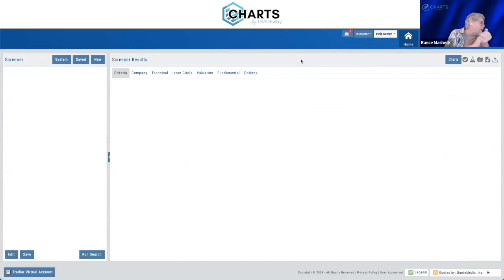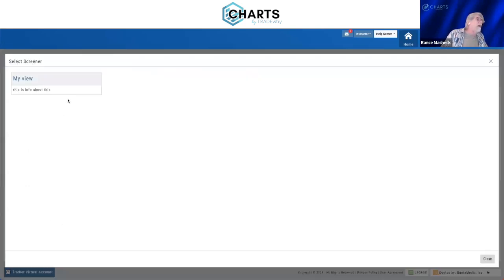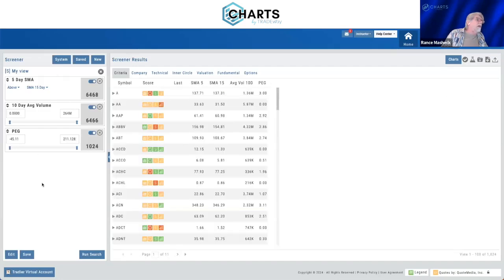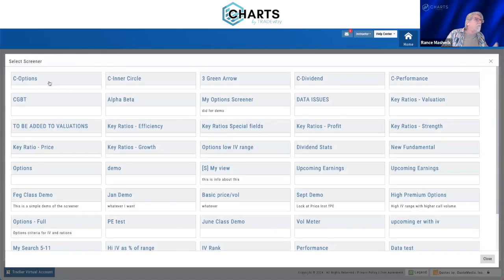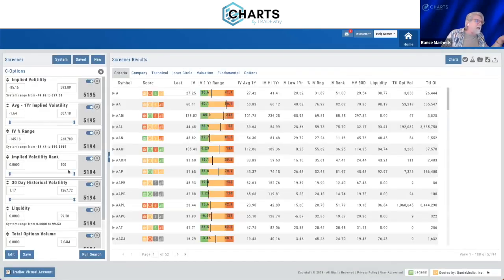So I'm looking for good, stable, fundamental companies that would be good opportunities for covered calls that have a decent monthly return, and it comes up with a list. What it'll also do is tell you what factors it used to do this over here on the left-hand side, just like if you had a scan today. It's going to give you all that information, and you can tweak it and adjust it.